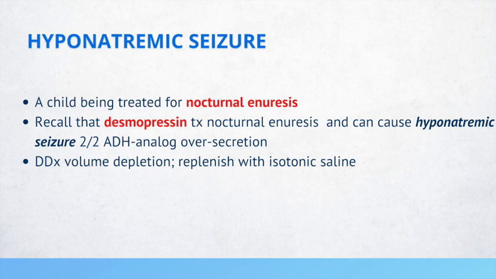Remember that desmopressin is an ADH analog. Desmopressin is also a very important drug in distinguishing between conditions such as central diabetes insipidus and nephrogenic diabetes insipidus. So it's a very high yield drug for you to know the indications and possible complications that patients can present with from using this drug.